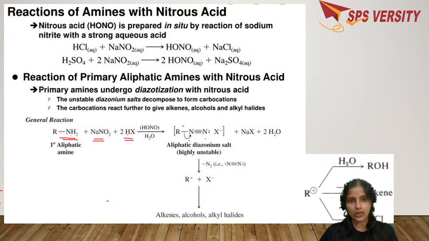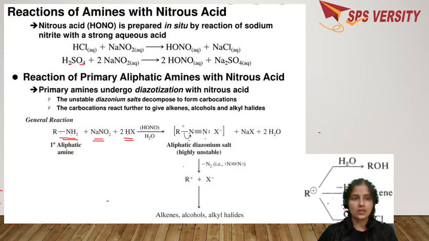Diazo because there are two nitrogens, and there is a salt formation. Now the nitrogen gas escapes and you get R plus and X minus. The carbocation is formed. In the presence of water, this may result in the formation of alcohol. If you remove the hydrogen from the carbocation, you may get alkene. And if you treat it with a halide ion, you may get the corresponding alkyl halide.